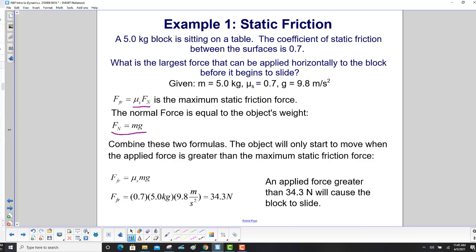So combine these two formulas and you get the maximum friction force is μs times mg. The object will only start to move when the applied force is greater than the maximum static friction force. So we plug in our coefficient of friction, mass, and acceleration due to gravity, and we get 34.3 newtons. An applied force greater than 34.3 newtons will cause the block to slide.